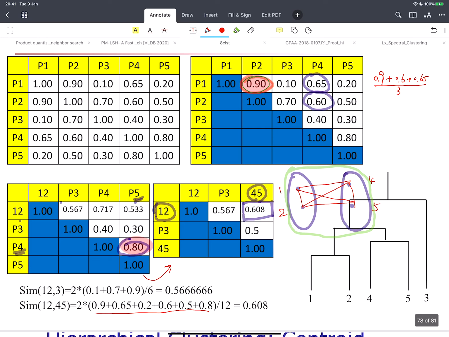Basically, that's going to be all the 6 edge weights. Weights here are similarities, and if you follow the previous formula, that's going to be twice over all the possible edges, because each edge is 1-4 and 4-1, and they are considered different.